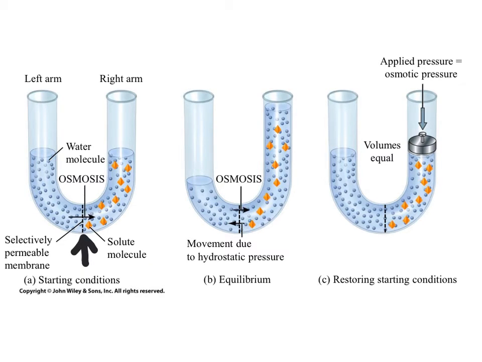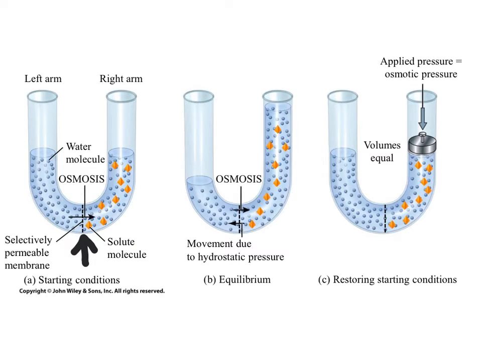On the left arm, all we see are water molecules, and on the right arm, we see water plus solute molecules, which are these little pyramid-looking things, okay? Now, we know that the cell is selectively permeable, so in this case, it's not very easy for solutes to move back and forth, and it's a lot easier for water to move back and forth.